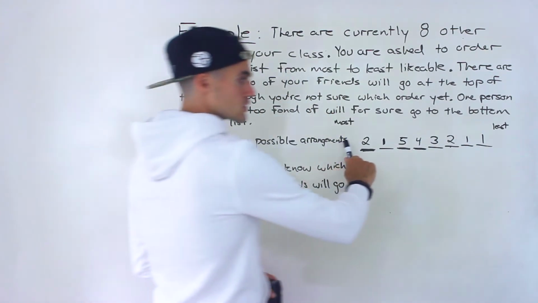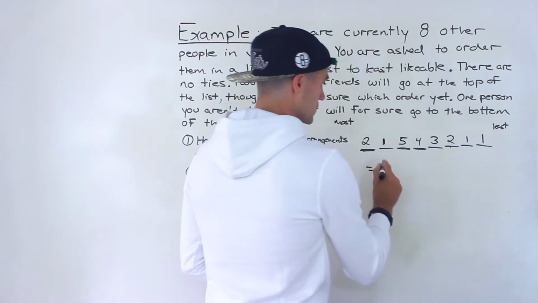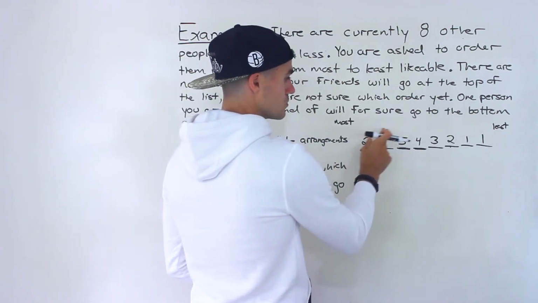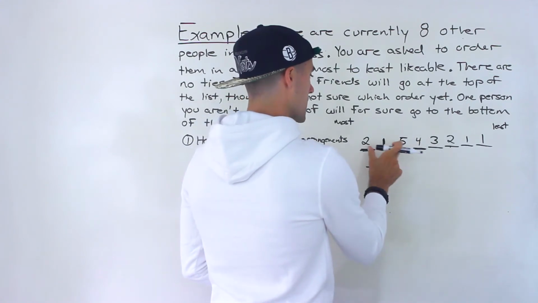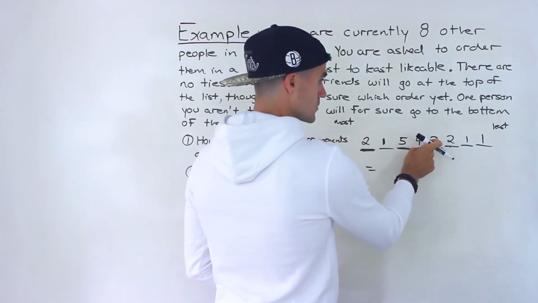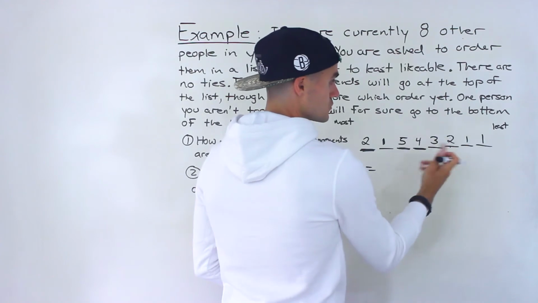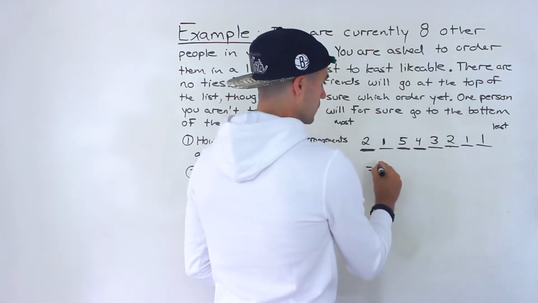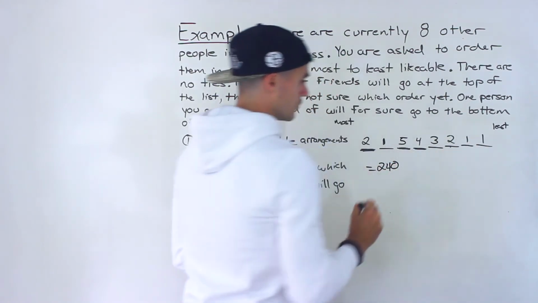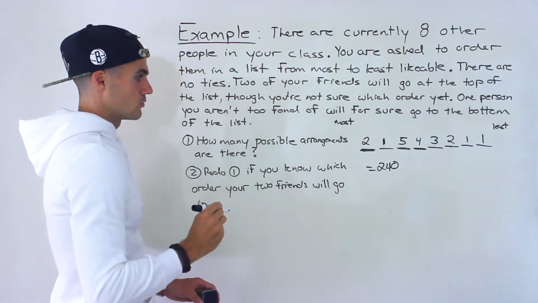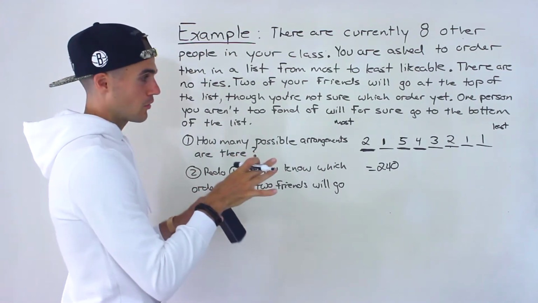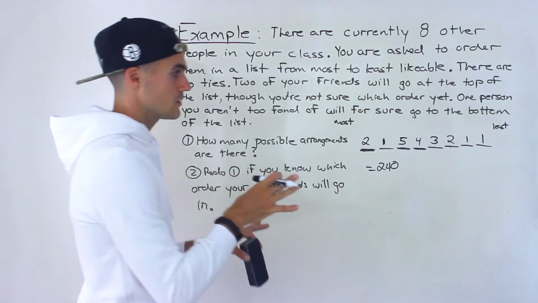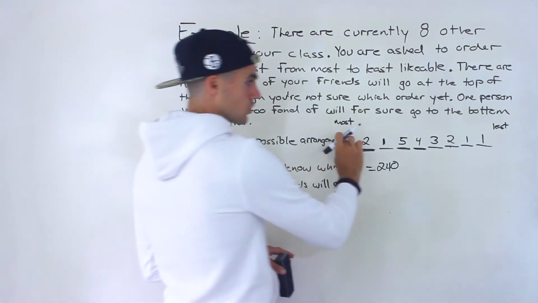Okay, so now you just multiply all of these numbers, and when you do that, you'd end up with 2 times 1 times 5 times 4. That would give you what? 40 times 3, 120 times 2, 240 times 1 times 1. We would end up with 240. Now, if a textbook or your prof maybe goes through a similar question, the solution may be shown with factorial.